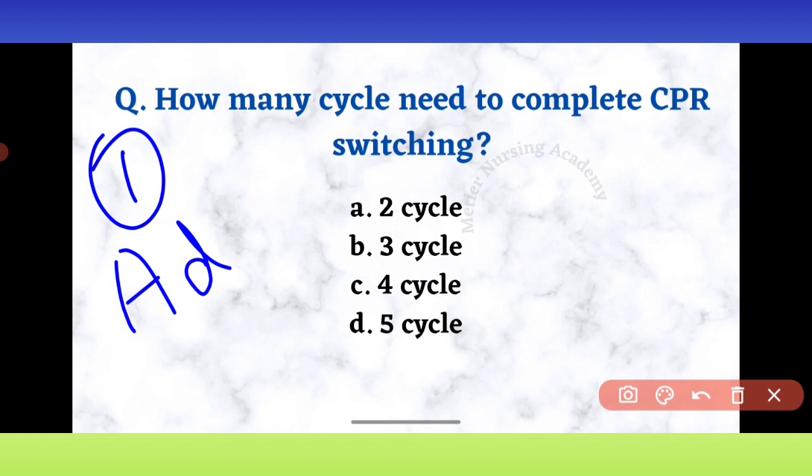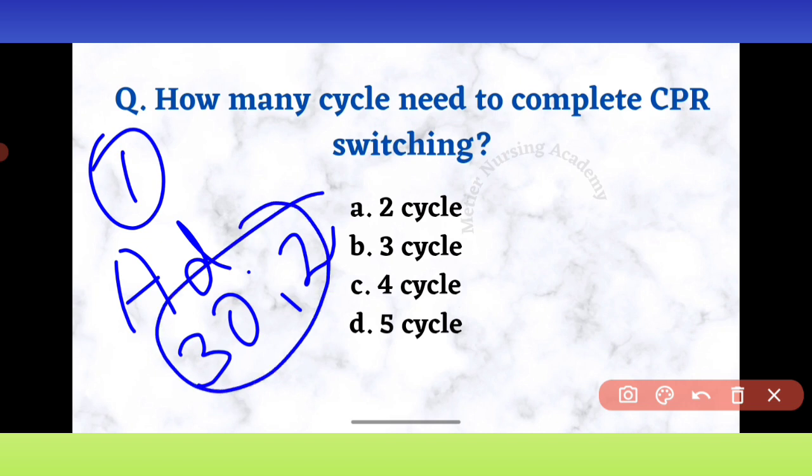It is 30:2. Whether it is a single rescuer or double rescuer, for both the ratio is 30:2, that is 30 chest compressions and 2 breaths.